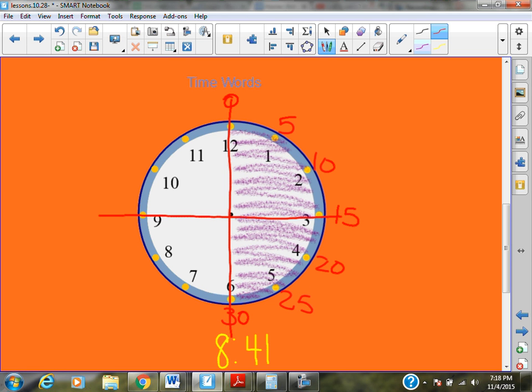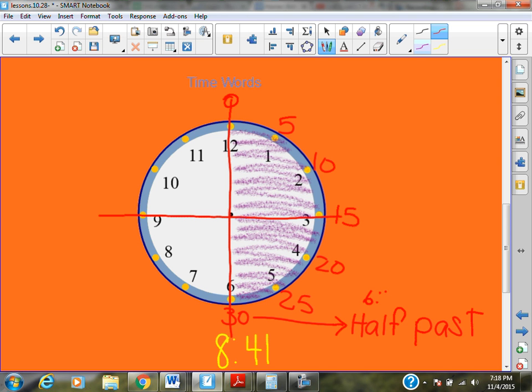Because there are 30 minutes on this side of the clock, many people use the words half past to describe 30 minutes. They might say 7:30 or 6:30.